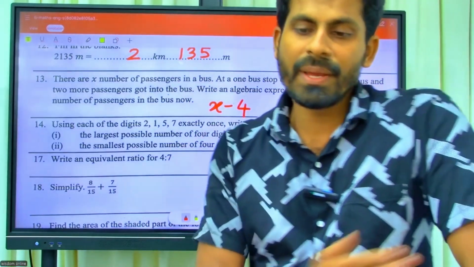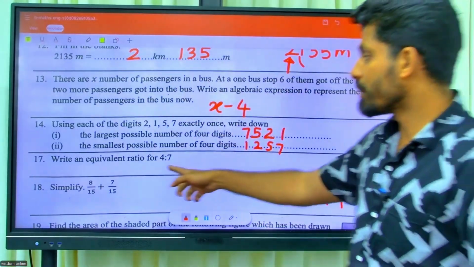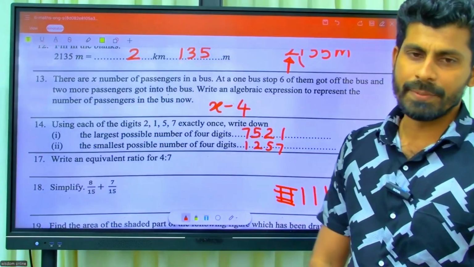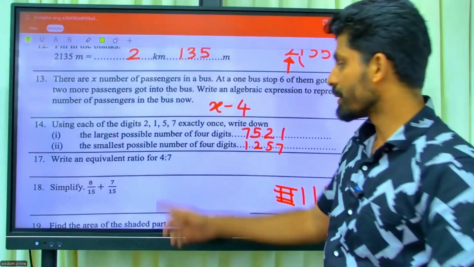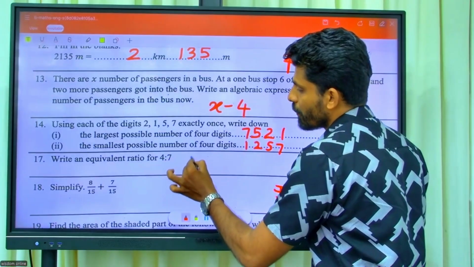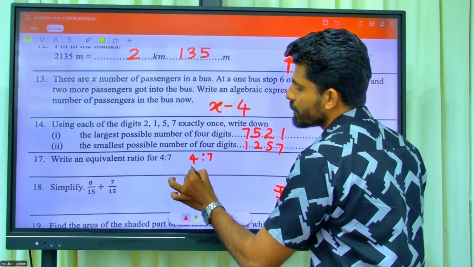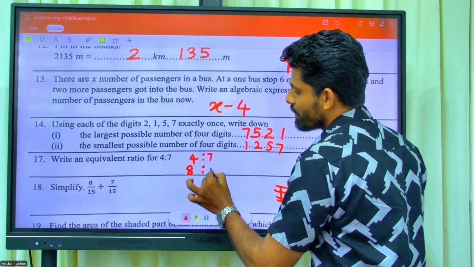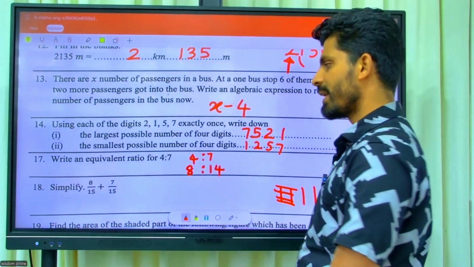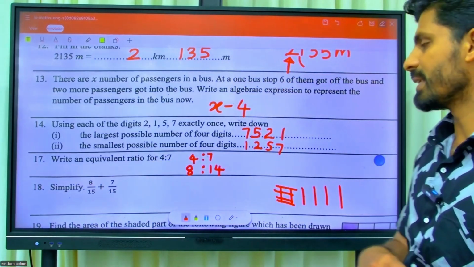I'm going with the multiplication method; you can multiply by any number. 4 multiplied by 2 is 8, 7 multiplied by 2 is 14. So 8 to 14. Very good. Unlimited possibilities.